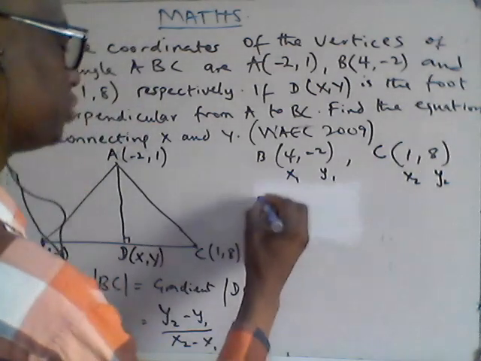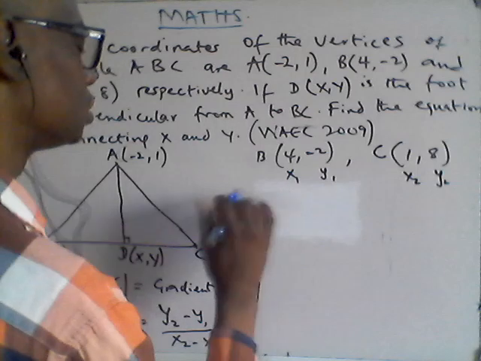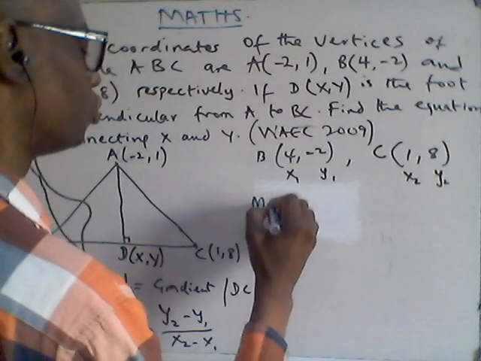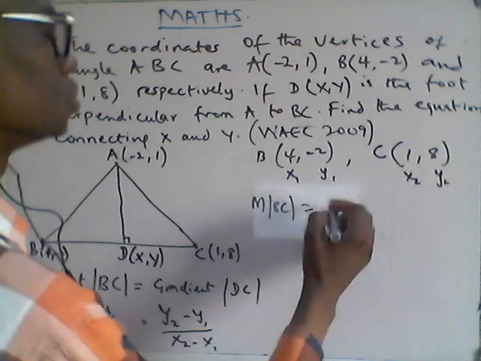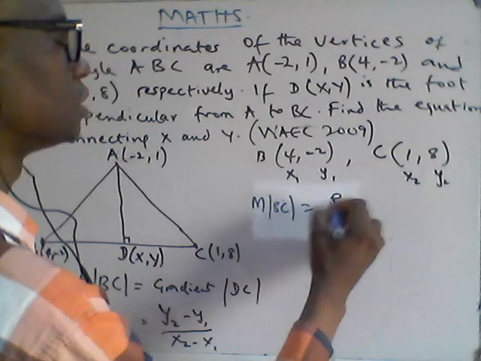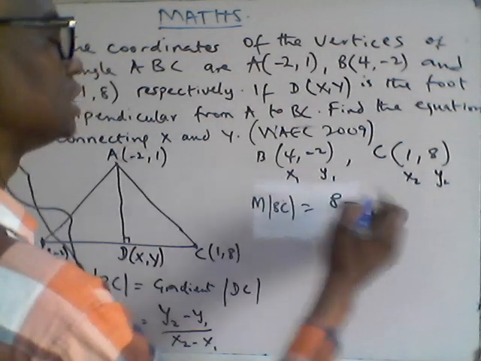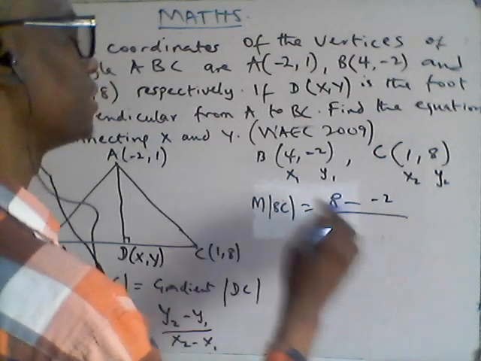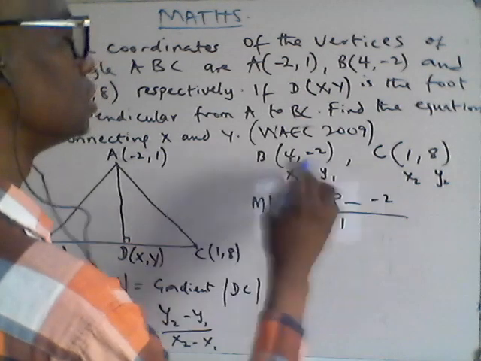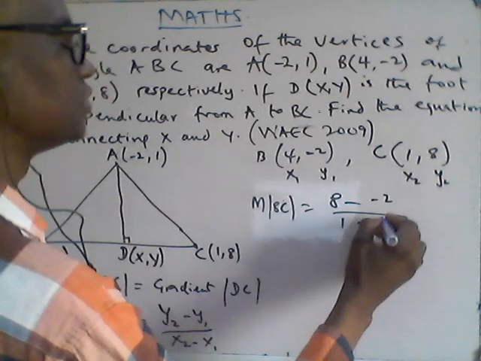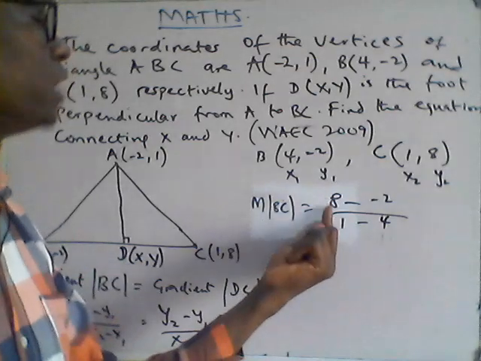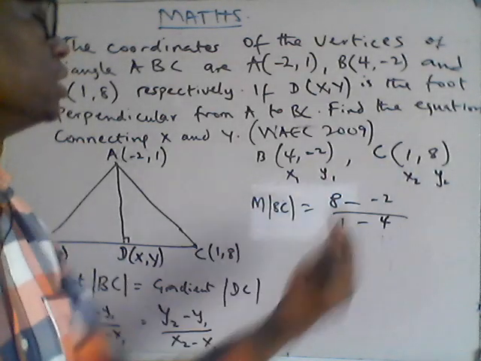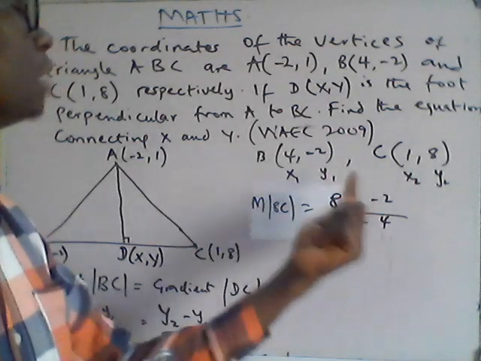So if I go to write the gradient, M for line BC is equal to y2, which is 8, minus y1, which is minus 2, all over x2, which is 1, minus x1, which is 4. Just follow it: put your x2, y2 here, put your y1 here, put your x2 here, and put your x1 here.